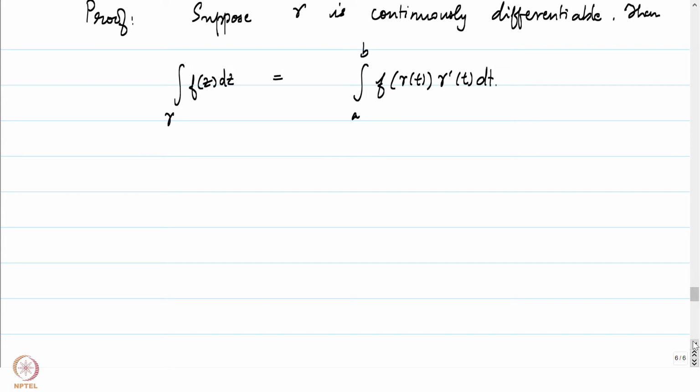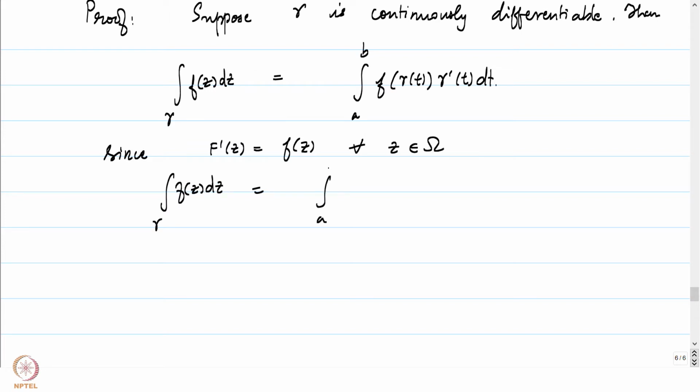And now let us apply the fact that capital F is an antiderivative. Since capital F prime of z is equal to f of z for all z in omega, integral of f of z dz over gamma is going to be equal to integral a to b capital F prime of gamma of t, gamma prime of t dt.